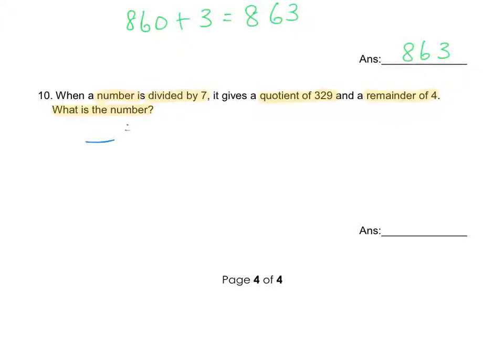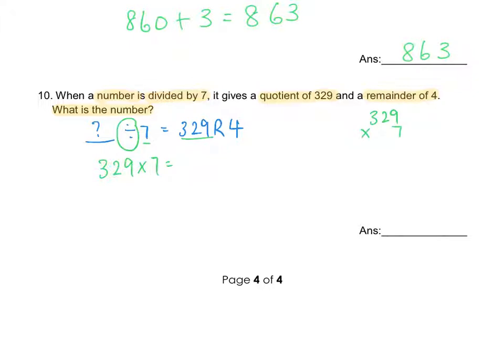When a number is divided by 7, it gives a quotient of 329, remainder 4. So to find this question mark, we need to work backwards. Instead of divide, now we times. We take 329 times 7.